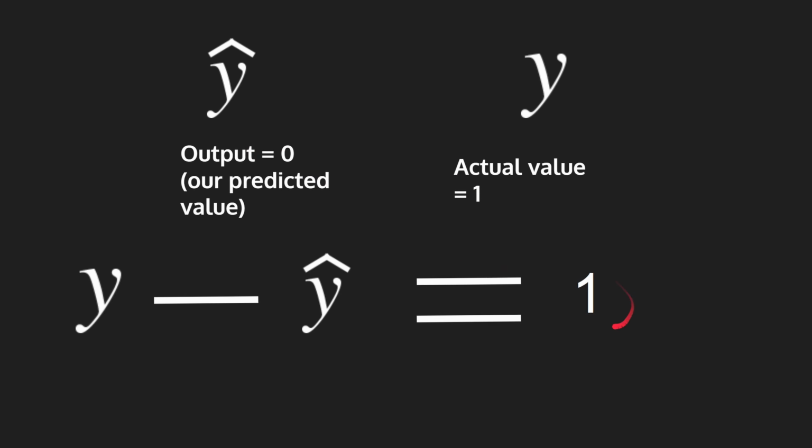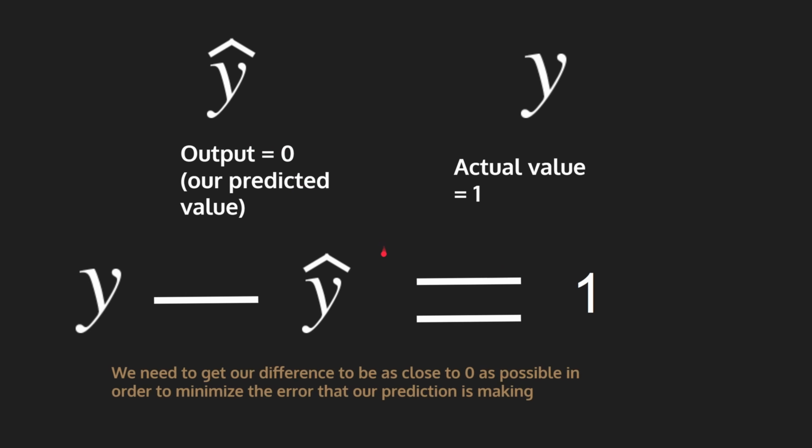We are actually off. That's not the value that we want. So we need to minimize our difference. And we need to get it as close to 0 as possible in order to minimize the error that our prediction is making, right? Because getting 0 means that we're making a perfect prediction where nothing is wrong.